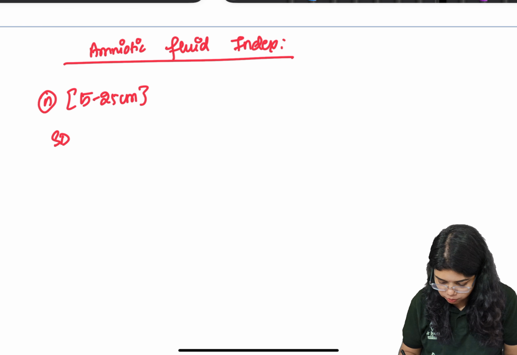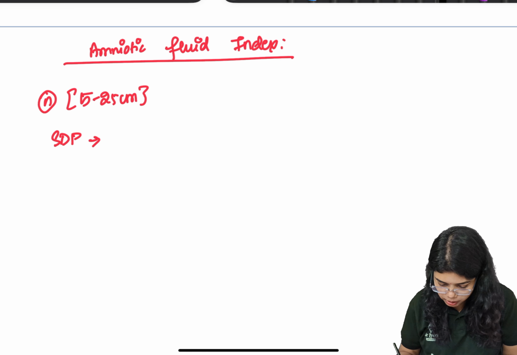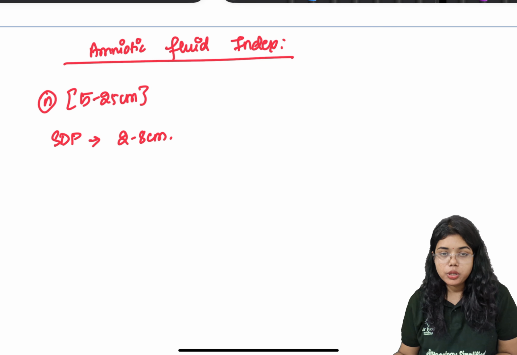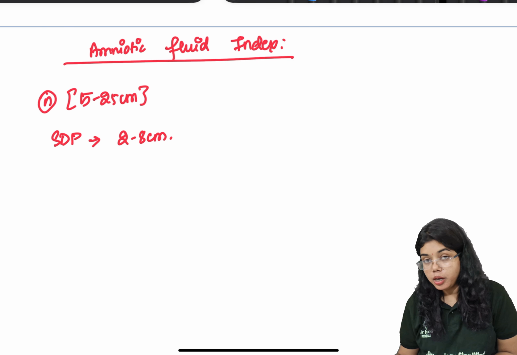But if we see the single deep pocket, that is STP, the normal is 2 to 8 centimeter. If less than 2, then it is oligohydramnios, and if more than 8 centimeter, that is polyhydramnios.